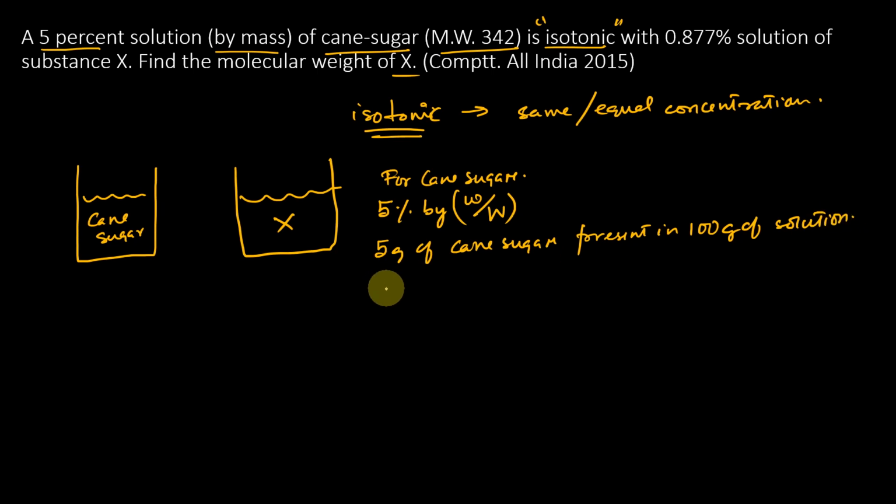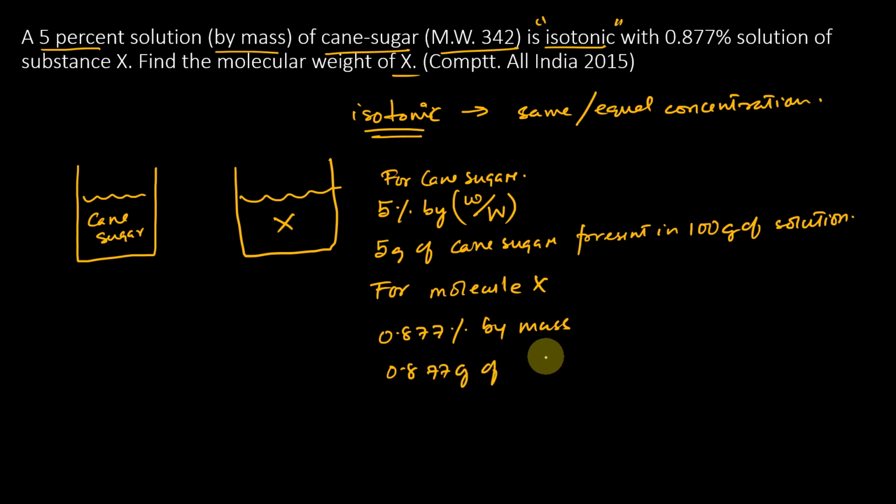Okay, so next is for element X, or to say molecule or substance X. Okay, what we can write is 0.877% by mass. ठीक है, तो 0.877 gram of X present in 100 gram of solution.